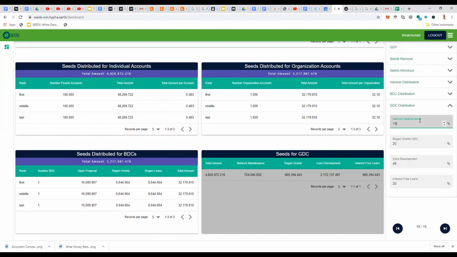Network maintenance in our case is really, we're in a pretty privileged position because unlike most blockchains that have an overhead cost, they have to keep paying their block producers, miners, what have you, to continue to maintain the network. All we have to do, since we're a DApp on top of TLOS, is we don't have to continue to pay for network maintenance. All we need to do is reserve a certain amount of bandwidth.